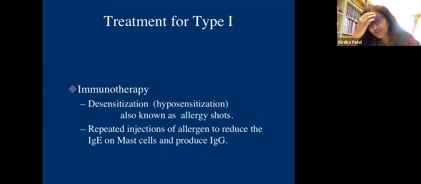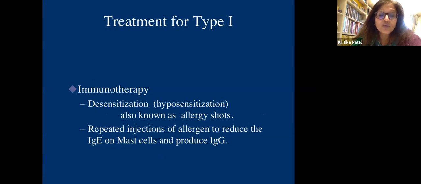So we immunologists are working very hard, and we now have immunotherapy for a few of the antigens, mostly for pollen and a few of the food allergens as well. What we are doing is desensitizing by giving repeated doses of what you are allergic to.